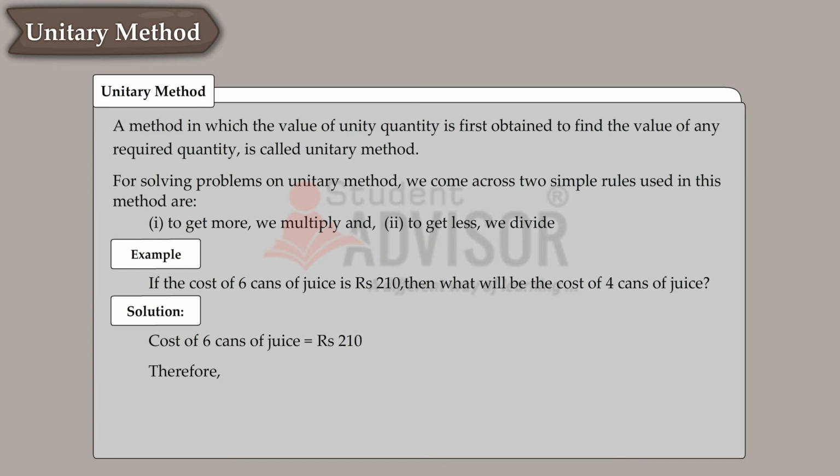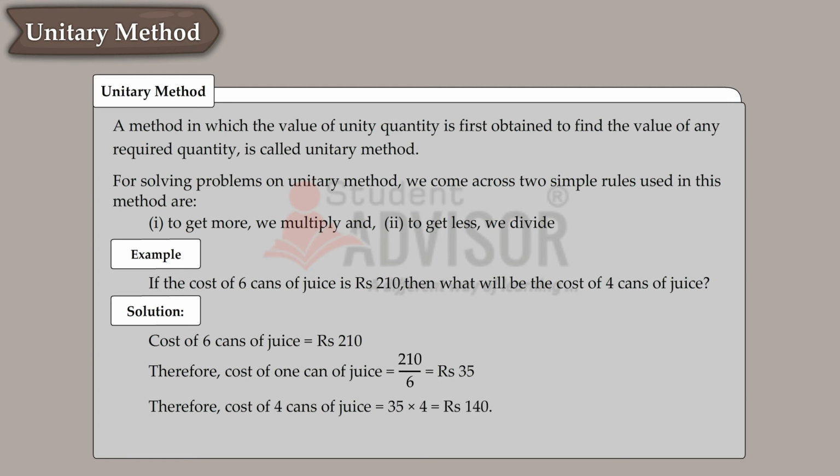Therefore, cost of 1 can of juice is equal to 210 over 6, which is equal to 35 rupees. Therefore, cost of 4 cans of juice is equal to 35 rupees multiplied by 4, which is equal to 140 rupees. Thus, cost of 4 cans of juice is 140 rupees.